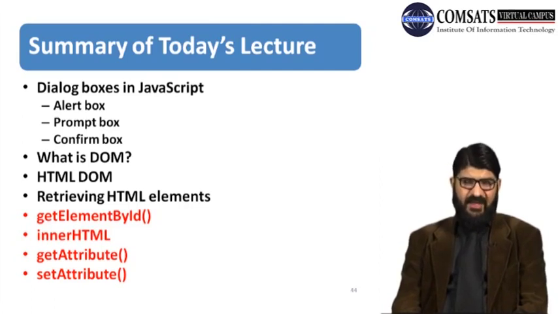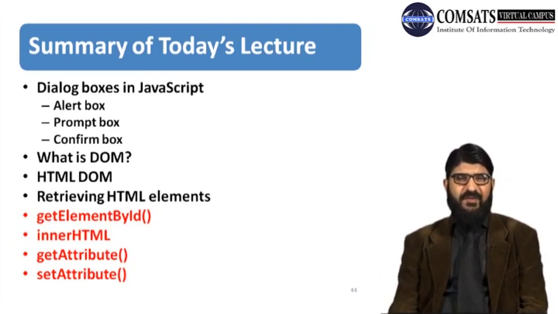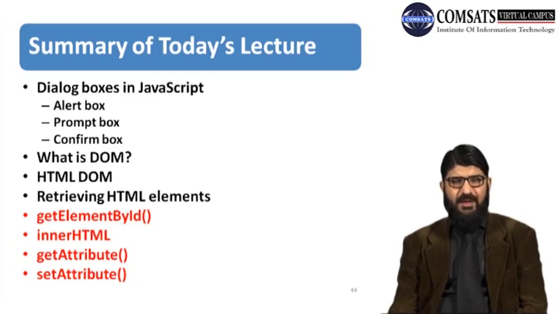Moving onward, we have seen the setAttribute method. With the help of the setAttribute method, the value of a particular element can be set. For example, the height can be set, the location can be changed.